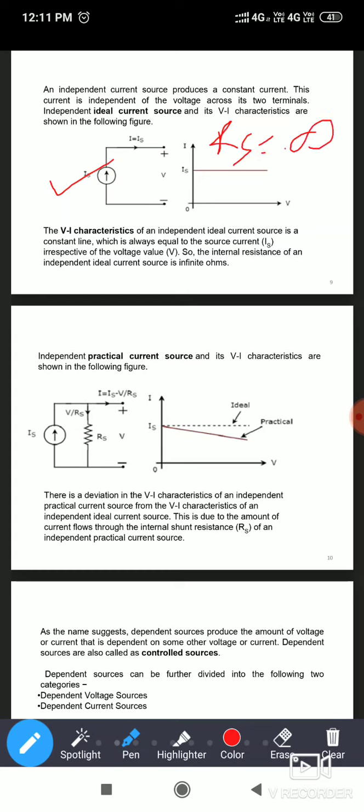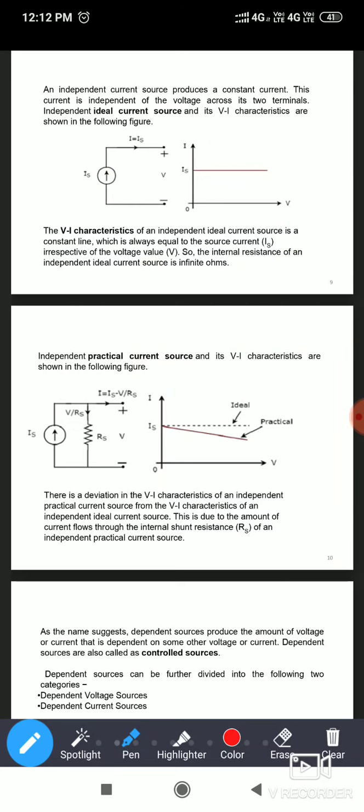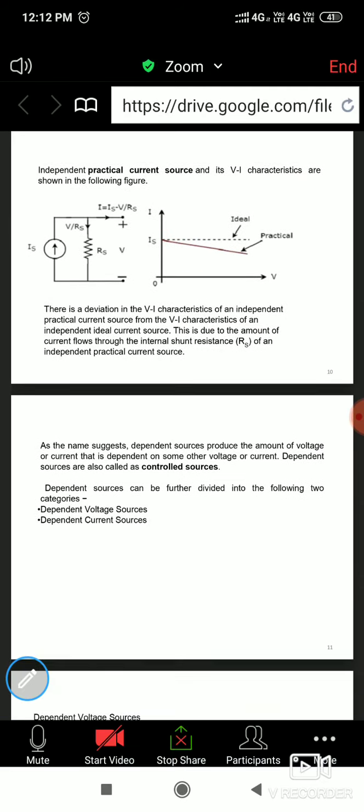Whenever it is infinite, it means open circuit, that is OC, and SC means short circuit. Whenever Rs is equal to 0, we call it short circuit, and whenever Rs is infinite, it is called open circuit. These two things you can remember. Based on this, we can say the practical voltage source is converted into an ideal voltage source. Now after that, we have seen dependent sources.